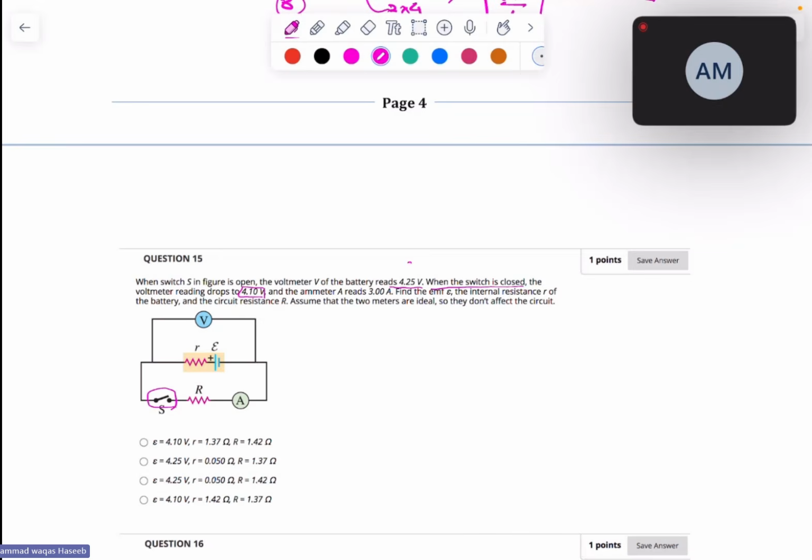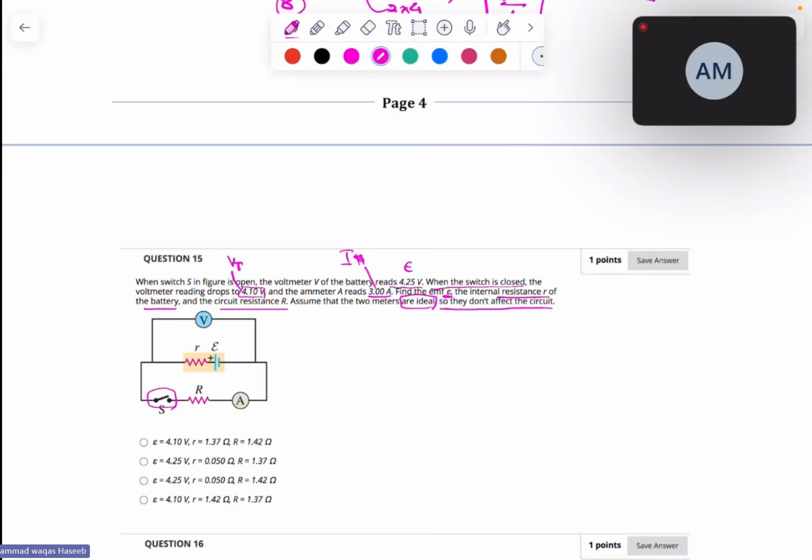So this is your EMF, this is your terminal potential, and the ammeter, this is your current I. Find the EMF, the internal resistance, and the battery circuit resistance R. Assume that the 2 meters are ideal. It means they don't lose the energy or the current, so they don't affect the circuit.